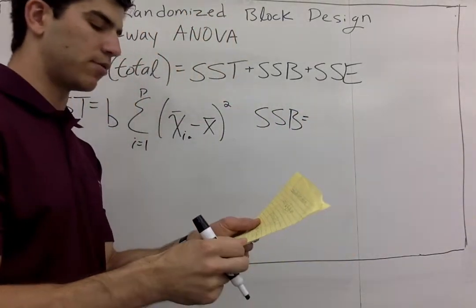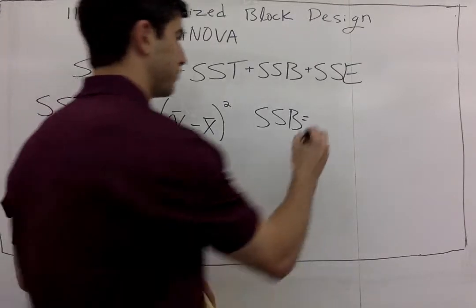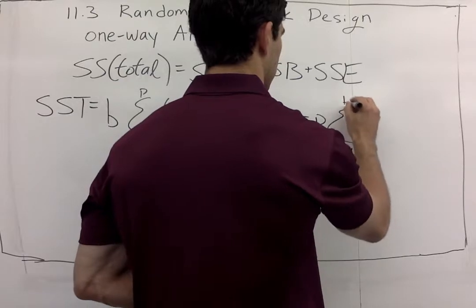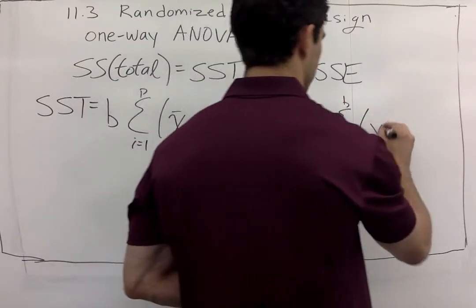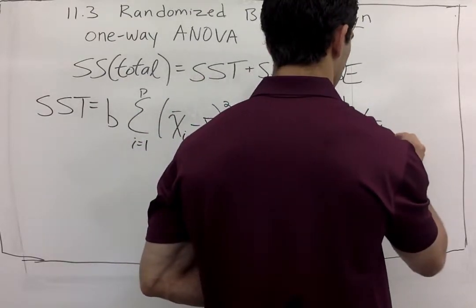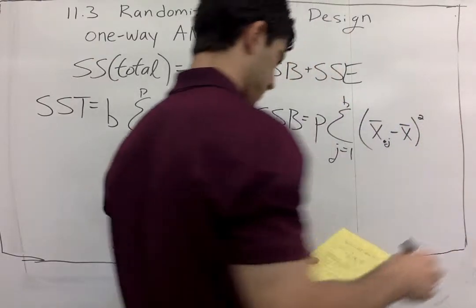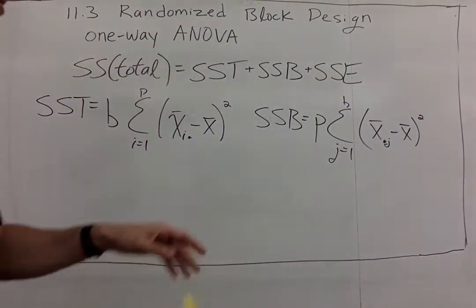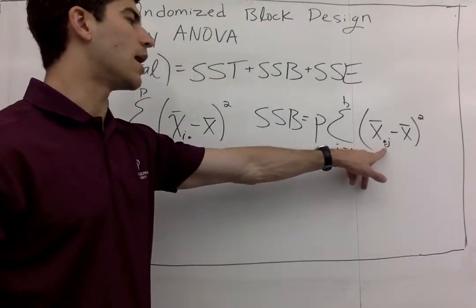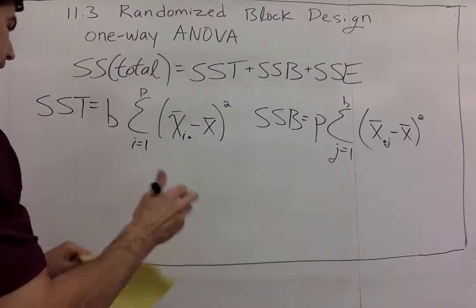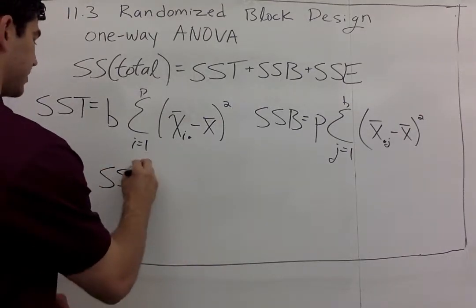The variation in the blocks can be found by doing P times the sum of the average for each block minus the average of the problem, squared. Add them up.